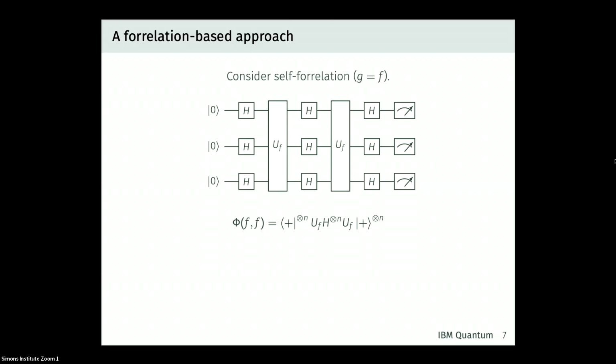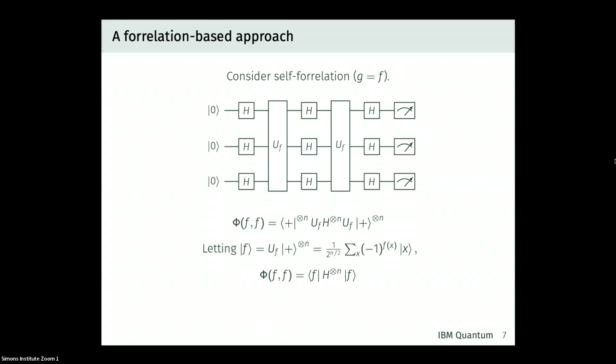The Hadamards acting on all zero just give us a bunch of plus states, and we're trying to measure the all zero outcome, so we're projecting on all plus. So you have pluses on this side, then the phase oracle for f, then this Hadamard in the middle, and then the phase oracle for f again.